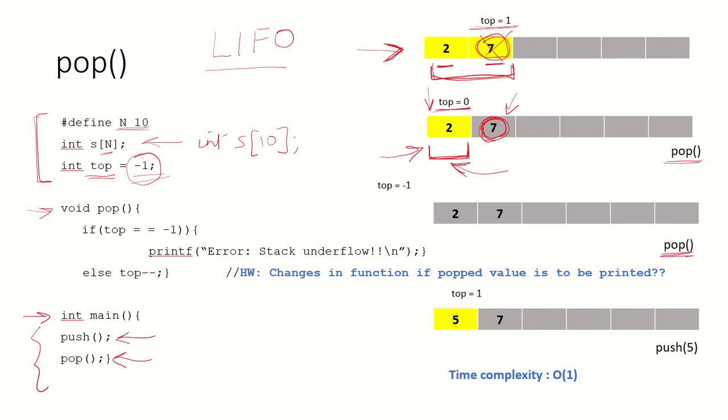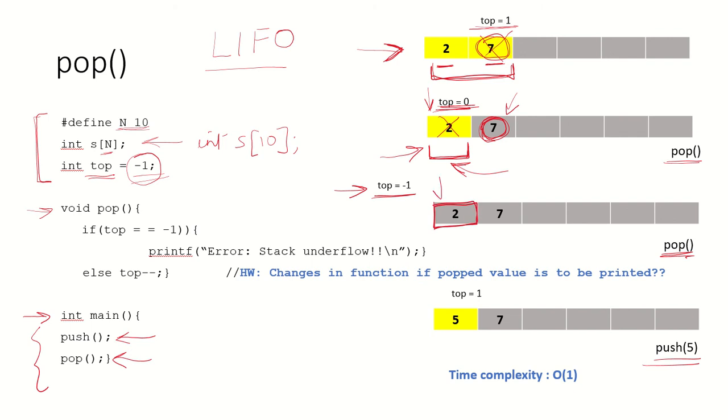If we do another pop operation, then 2 will also be removed from the active stack and top will be decremented. So top will now be -1. And as we said, this represents an empty stack. If we do a push operation now, so if we say push 5, that means top would be incremented by 1 because this is the currently next available free space.